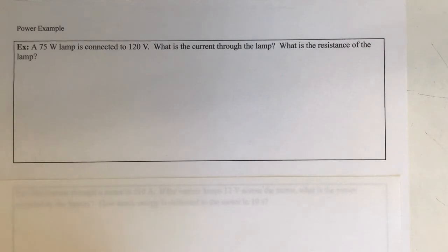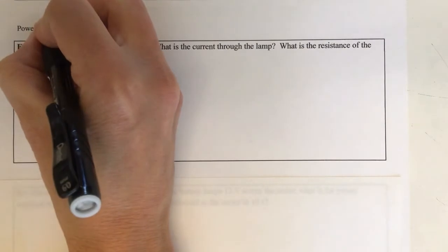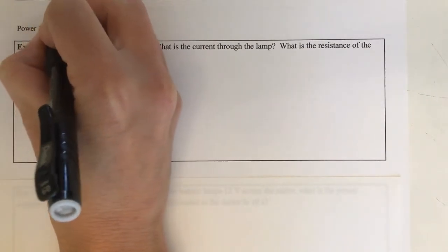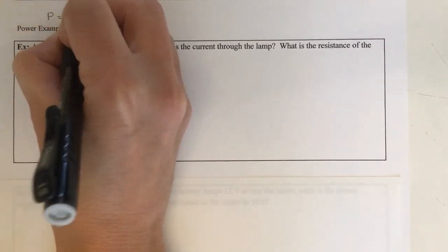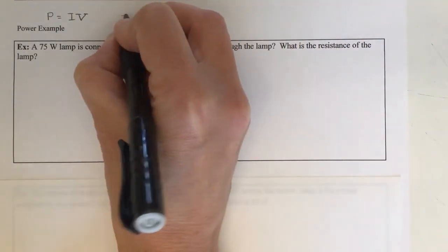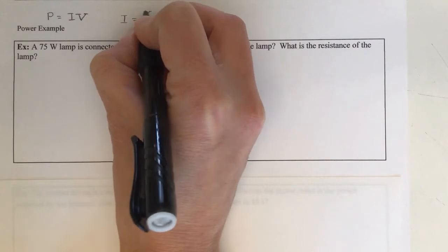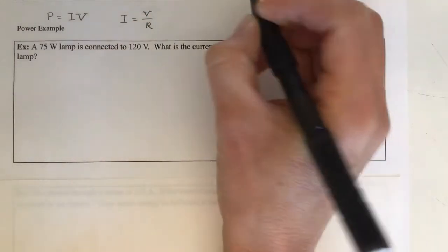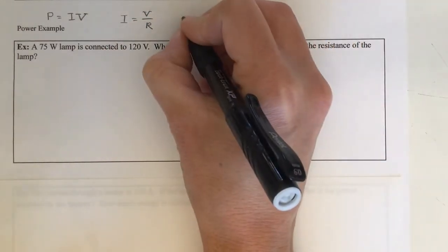Okay, so these are meant to be class examples of the power equation. So just a reminder, the original equation for power that you were exposed to is P is equal to IV. Power is equal to current times voltage. But remember, there's a couple other iterations of this. If we combine this with Ohm's law, which says I is equal to V over R, we can actually get two other equations for power.